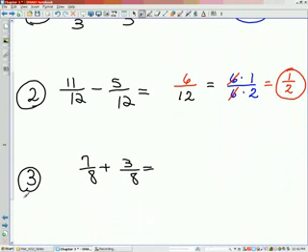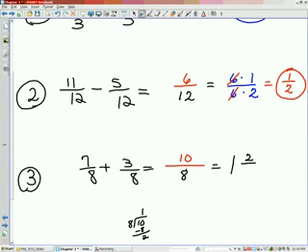On number 3, you have 7/8 plus 3/8. 7 plus 3 will give you 10, and of course you keep that denominator of 8. Now the first problem here is I have an improper fraction, so I must divide 8 into 10, and of course that goes one time, with 2 left over.